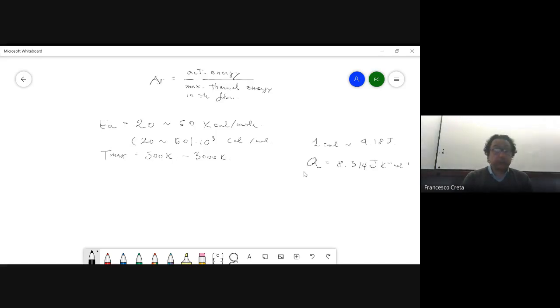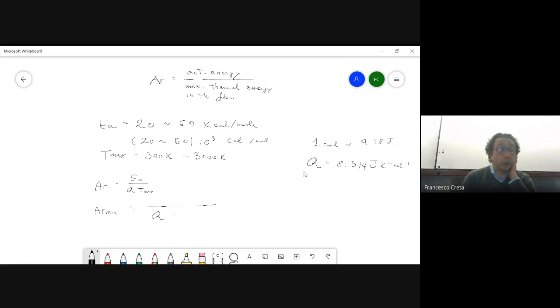And so we can stick all these numbers in the Arrhenius definition. So remember, Arrhenius definition is EA over R Tmax. So what's the minimum possible Arrhenius? Well, at the denominator, R is R, then you can plug in this number.